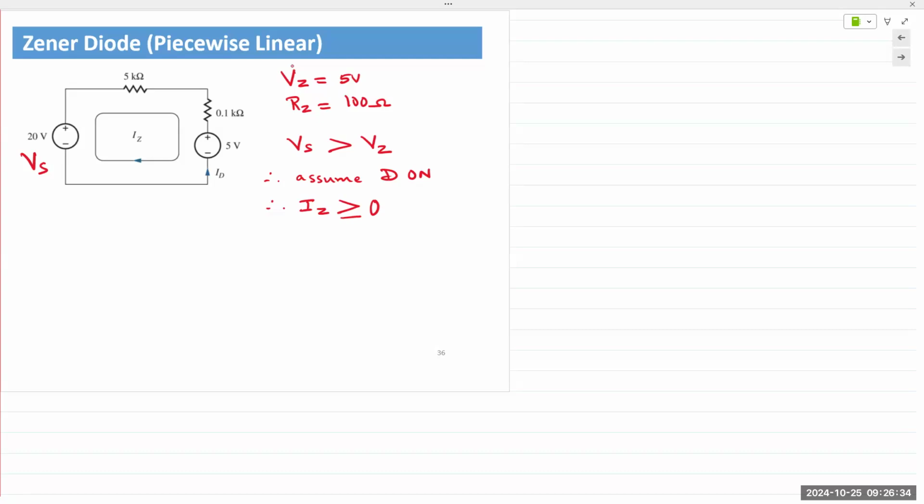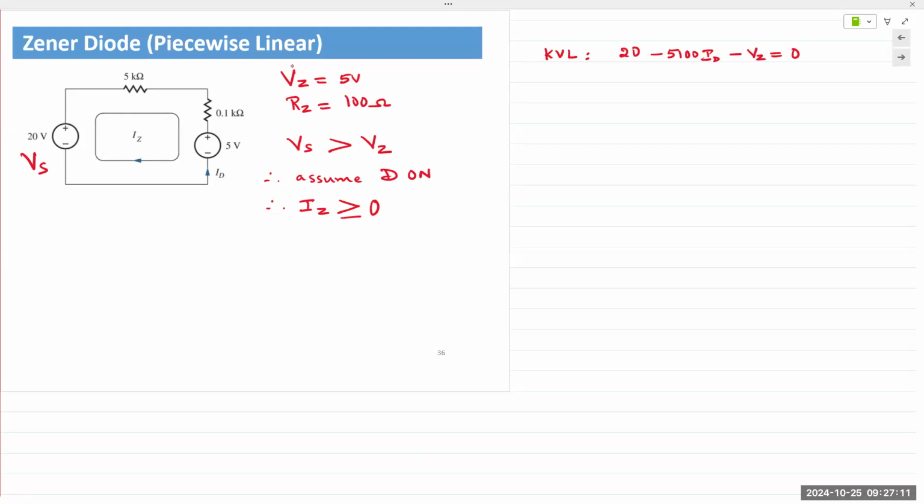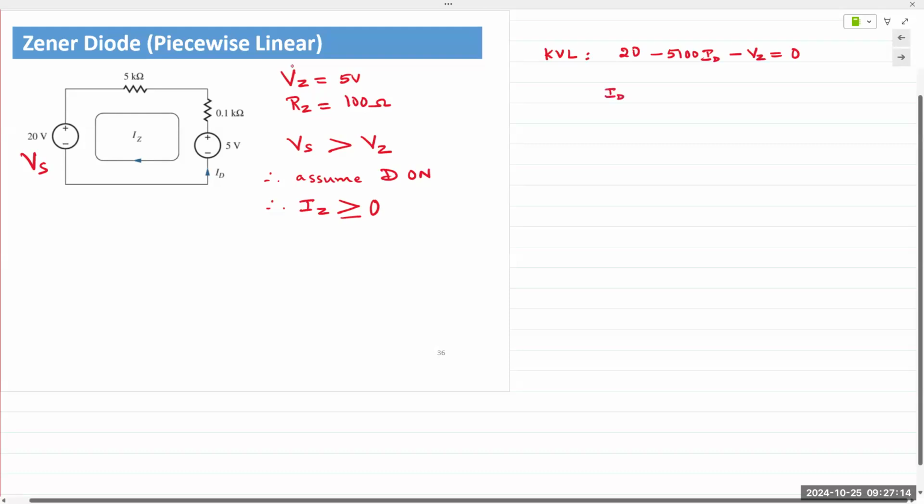All right. So let's write a KVL expression around the loop. And we obtain 20 volts should be equal to the voltage drop across that resistor, which would be 5,000 plus 100, so it's 5,100 ID, and then the Zener voltage, 5 volts. So ID, or IZ in this case, actually.